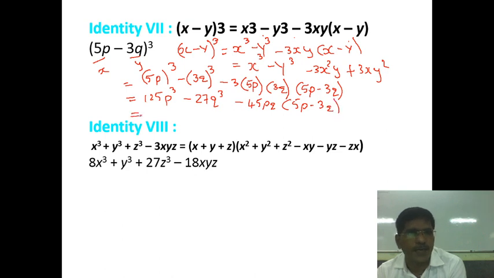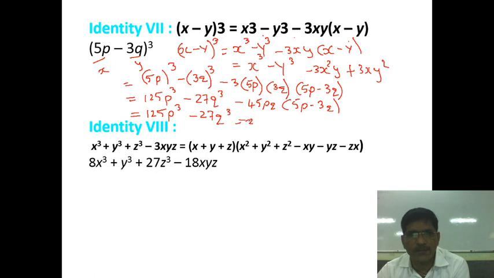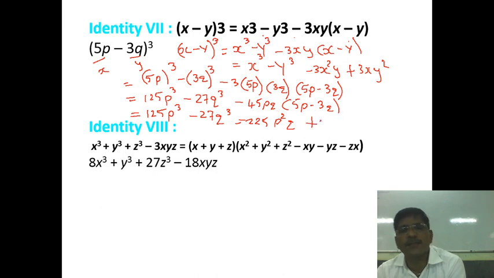Now if you open the bracket, 125p cube minus 27q cube, 45 fives are 225 p square q. Now minus minus plus, 45 threes are 135 p q square. So this is the seventh identity with one example.